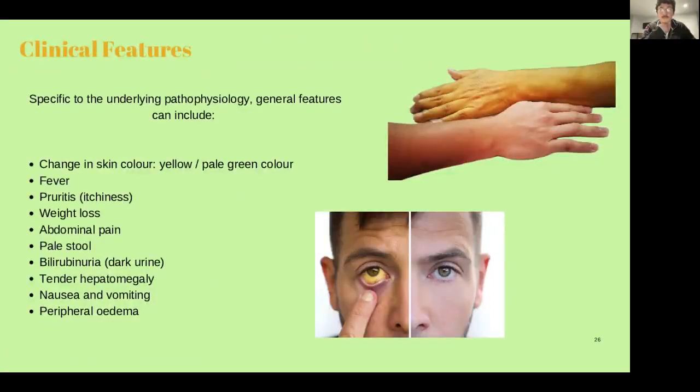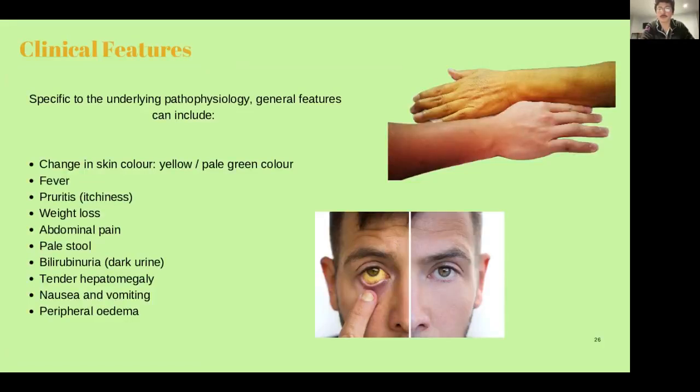Okay, so clinical features going to be yellow, look like Homer Simpson. In cholangitis, they'll also have fever, raised inflammatory markers. Pruritus, because of those bile salts, they can cause itchiness. Abdominal pain.